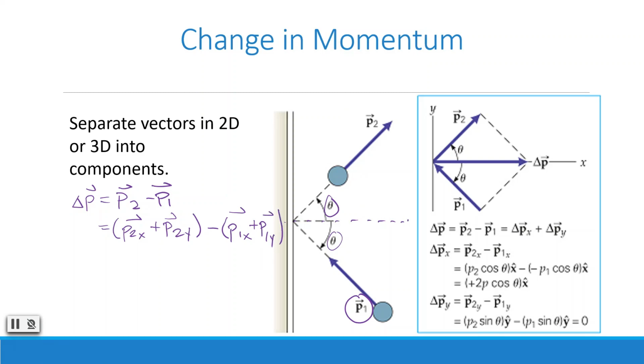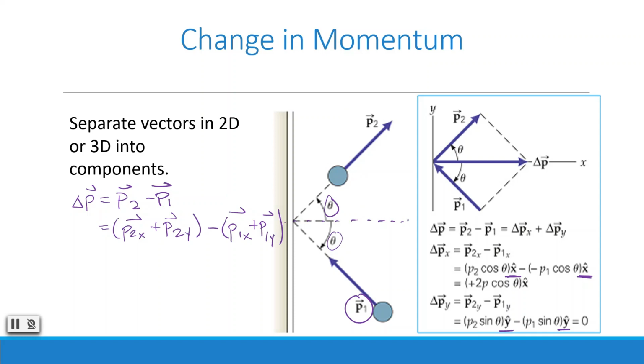Now, in unit vectors, you could join those components together, and that's what they've done over here. You can look at the x components separately, and then look at the y components separately.